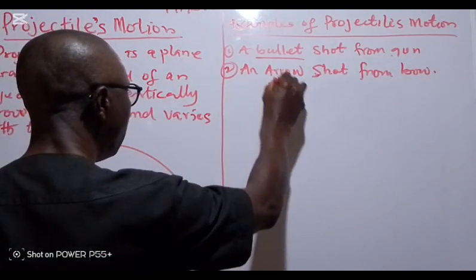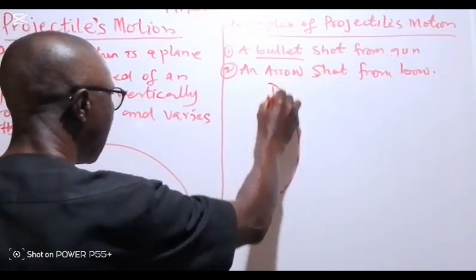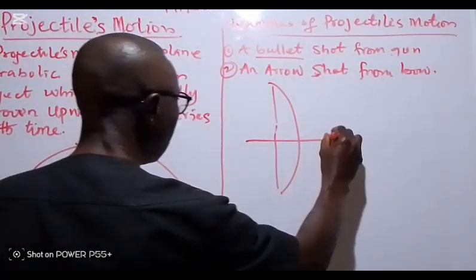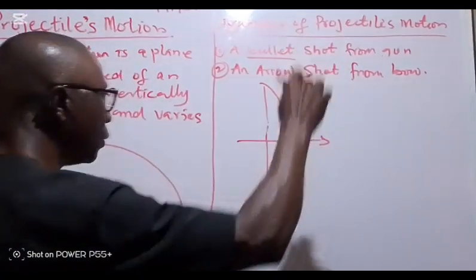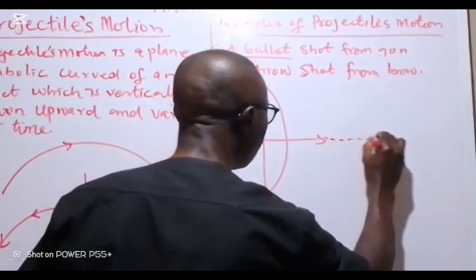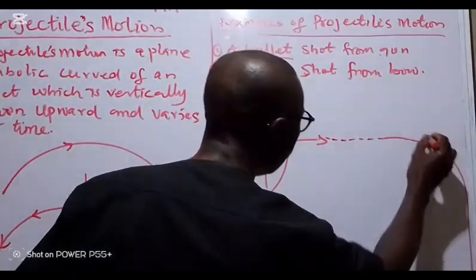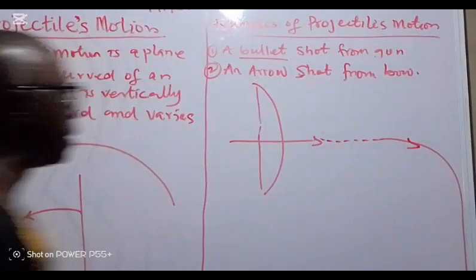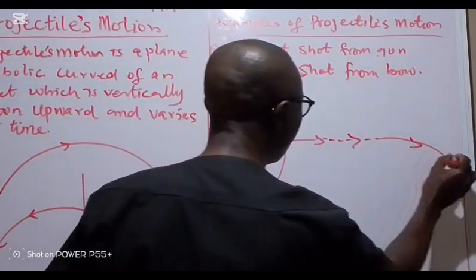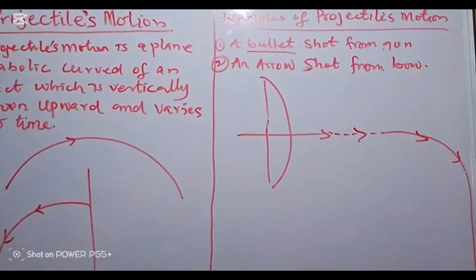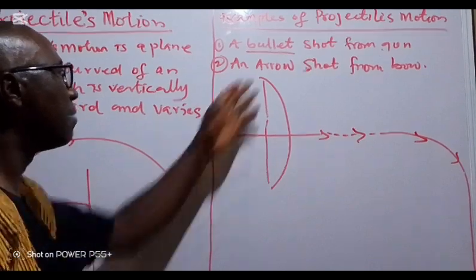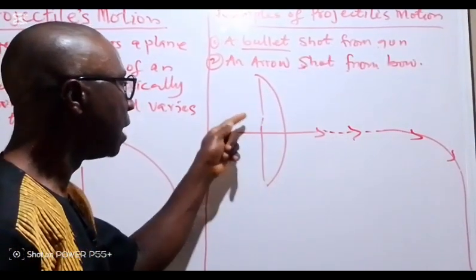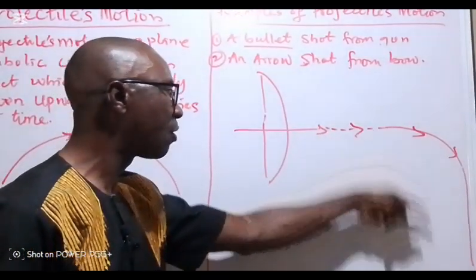Let's say this is a bow, this is an arrow. When it's released, the motion will move like this and curve like this when it's about to land. In short, any projectile performing projectile motion performs a parabolic curve.